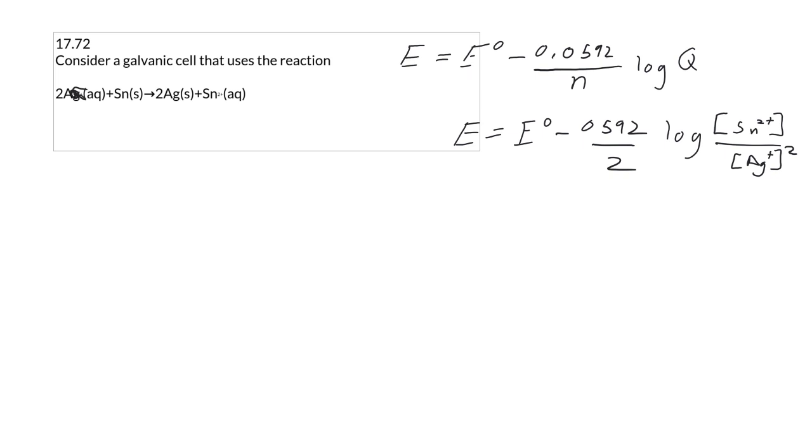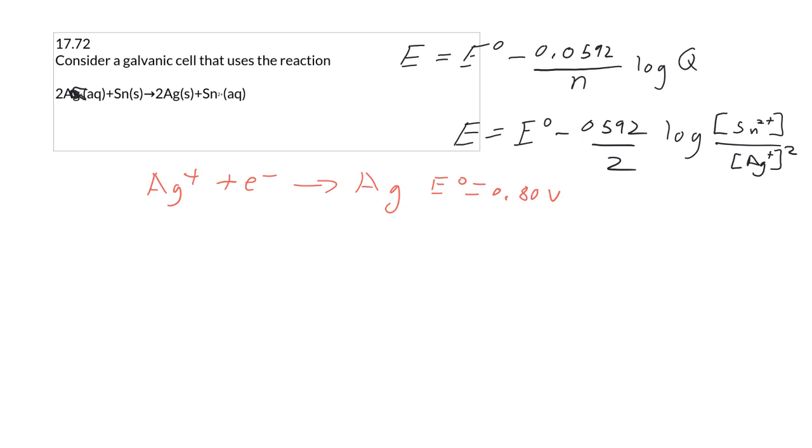Now we need our standard cell potential. So we look at our half reactions. I've got silver plus an electron going to be silver. So that has a reduction potential of 0.80 volts.